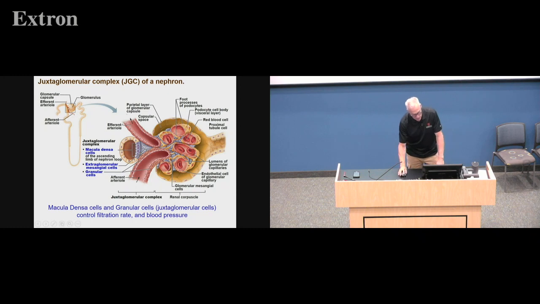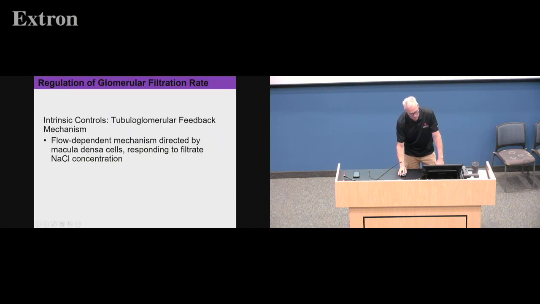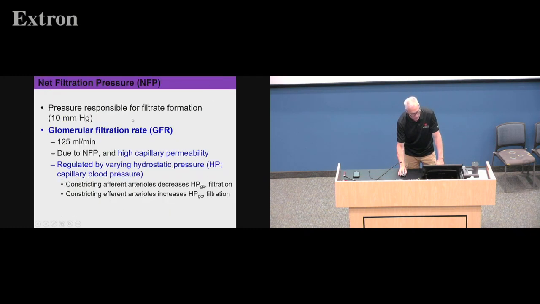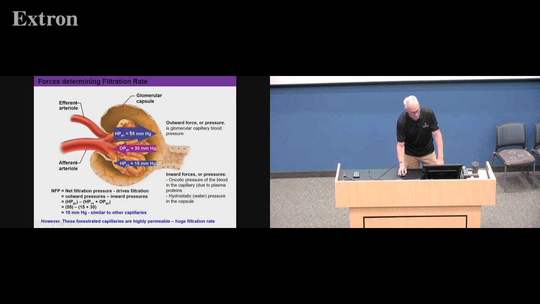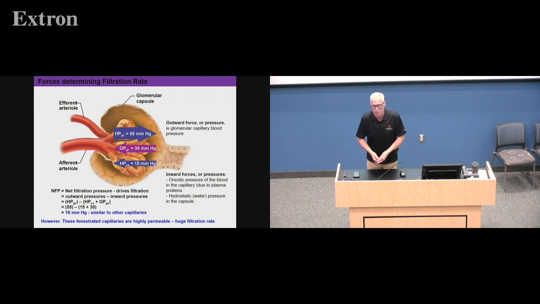And if you can imagine, again, constricting that efferent arteriole, it's going to raise that hydrostatic pressure in the glomerulus and also contribute to elevating the GFR, making the filtration rate go up.